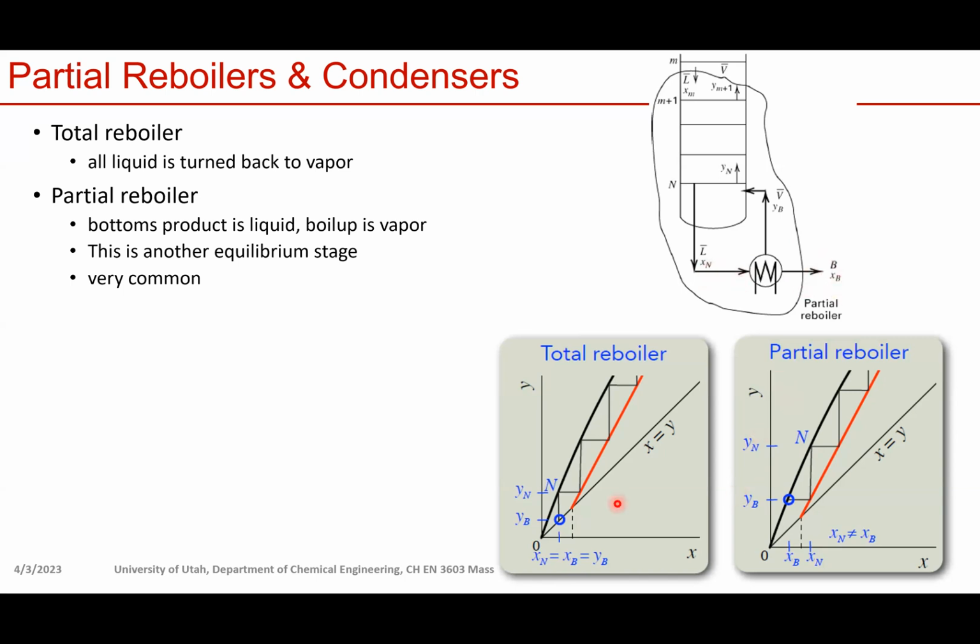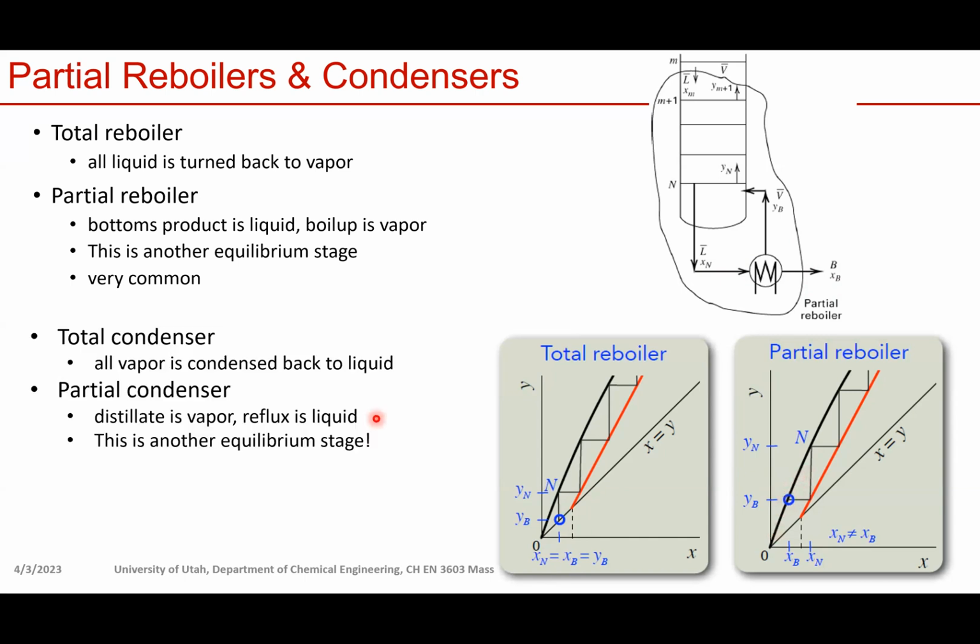That's the difference. Remember, for a total reboiler, your reboiler sits on the 45-degree line. For a partial reboiler, your reboiler sits on the equilibrium line.